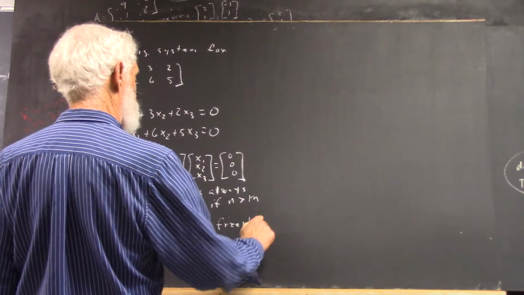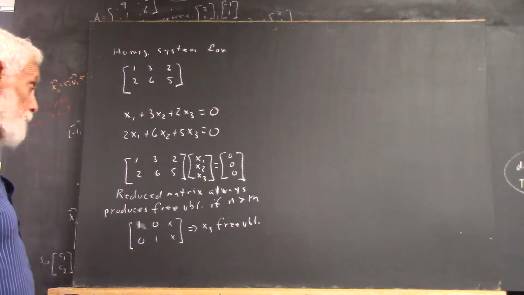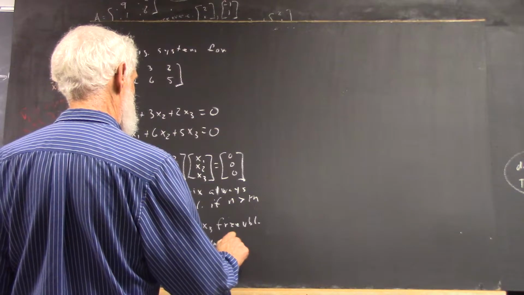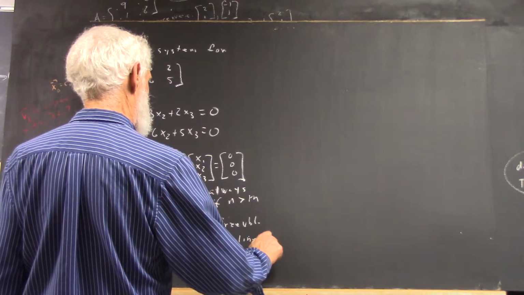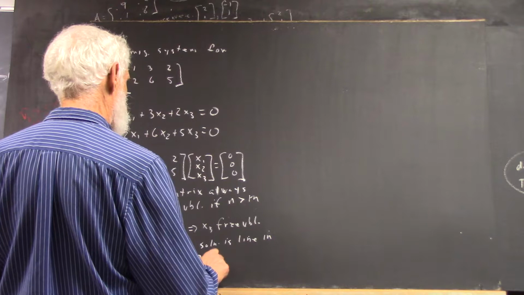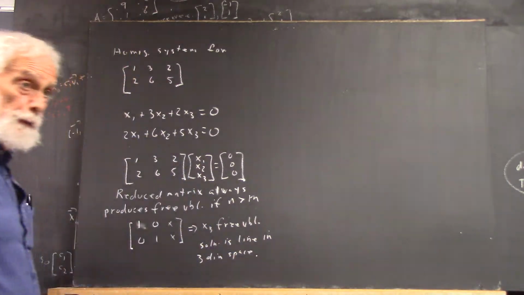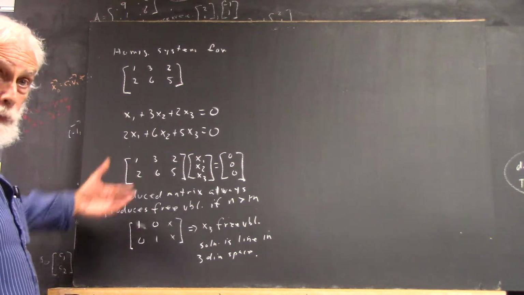So x3 is a free variable, and the solution is a line in three-dimensional space. Okay? Just like it was before.